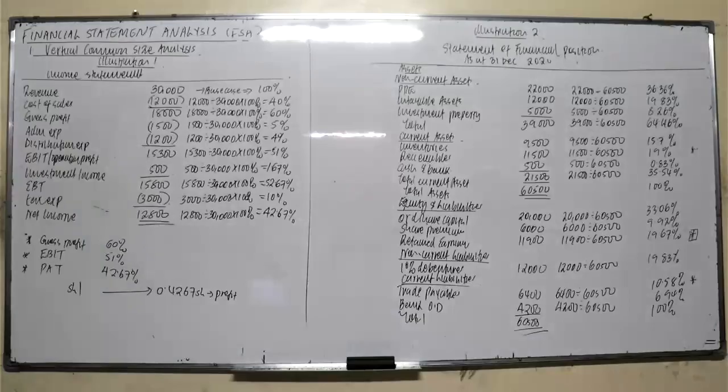And now let's go to that. Under horizontal analysis, each account value is expressed as a percentage of designated base year account value. Can you underline base year account value?